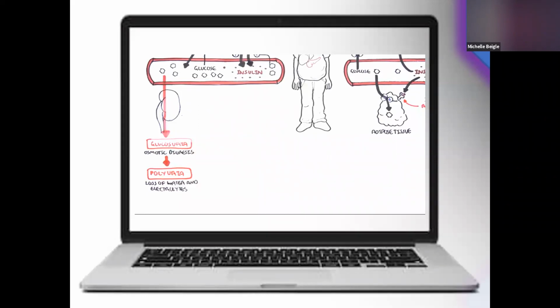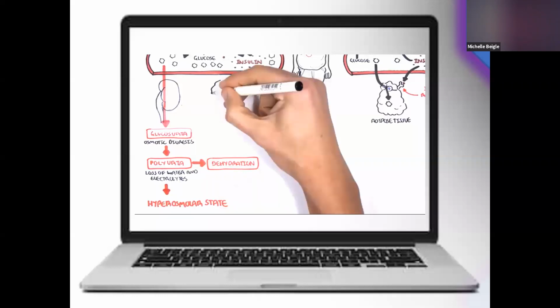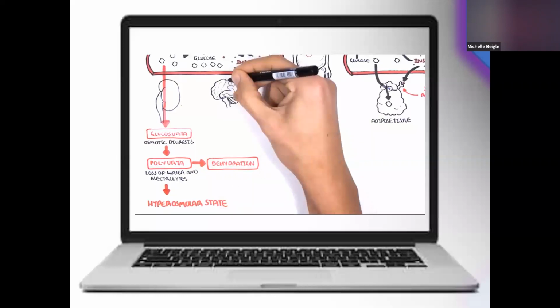The loss of water and the loss of electrolytes leads to two main things. One, dehydration because of the loss of water, and two, hyperosmolar state. Hyperosmolar state is a medical emergency, which will not be really discussed here. The dehydration will stimulate the brain to drink more water, so we get polydipsia.